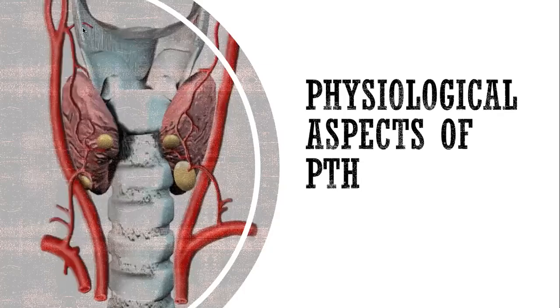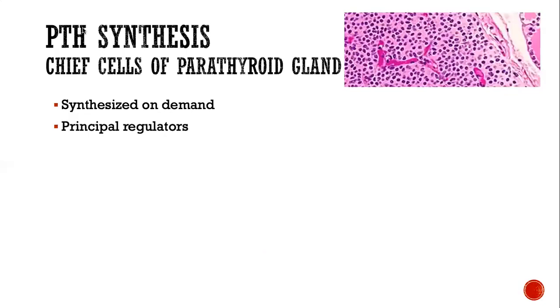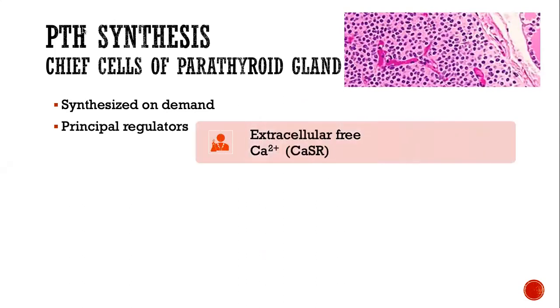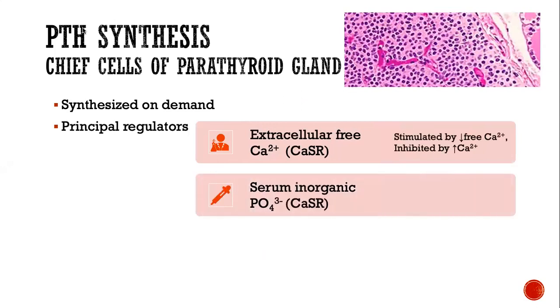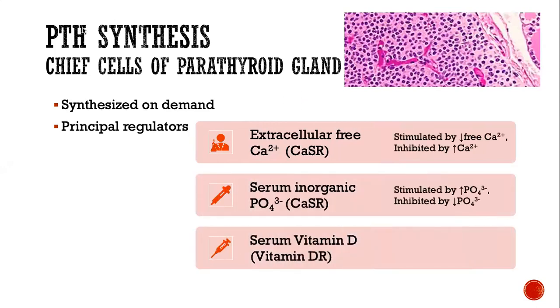Now we will move on to recapitulate our knowledge on physiological aspects of PTH. Parathyroid hormone is synthesized by chief cells of the parathyroid gland. It is synthesized on demand. The principal regulators are extracellular ionized calcium, serum inorganic phosphate, and serum vitamin D levels.